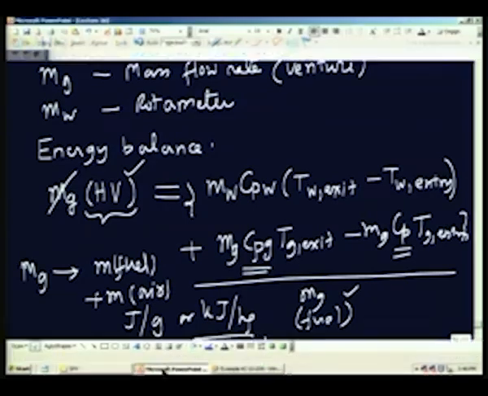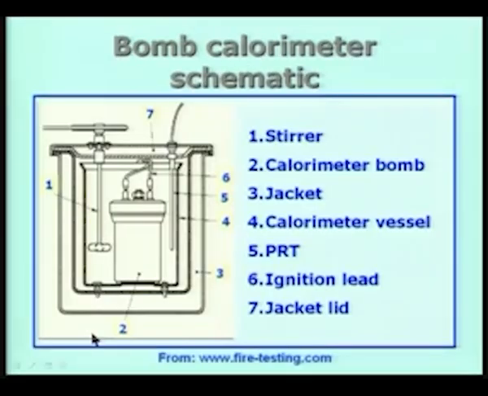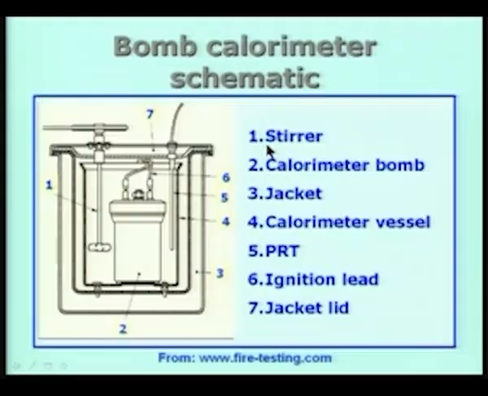So, let us go back to the second case, the somewhat more difficult case. The principle is the same, but here there is no continuous flow, it is a one off process.